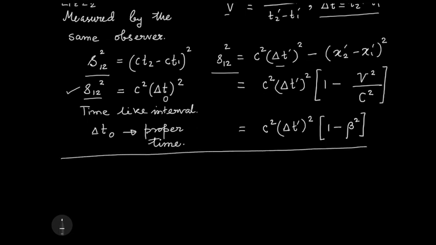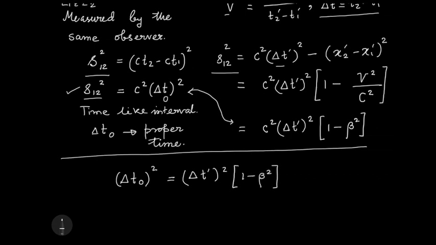That's one of the consequences of the Lorentz transformations we have seen. So this should be the same as that. C square cancels out from both sides. So delta t0 square is delta t prime square into 1 minus beta square.